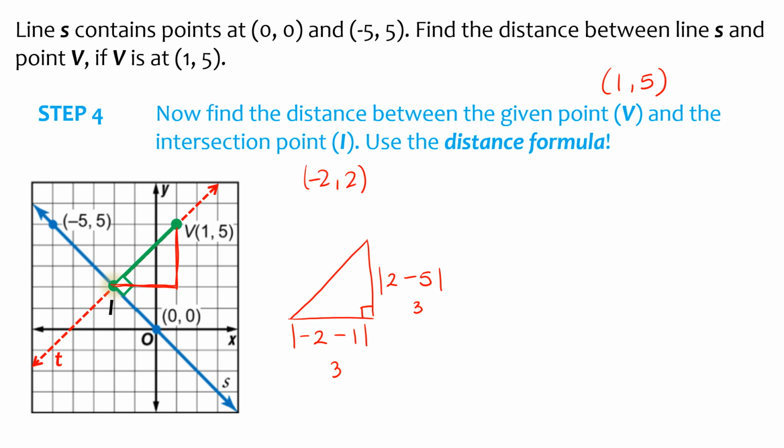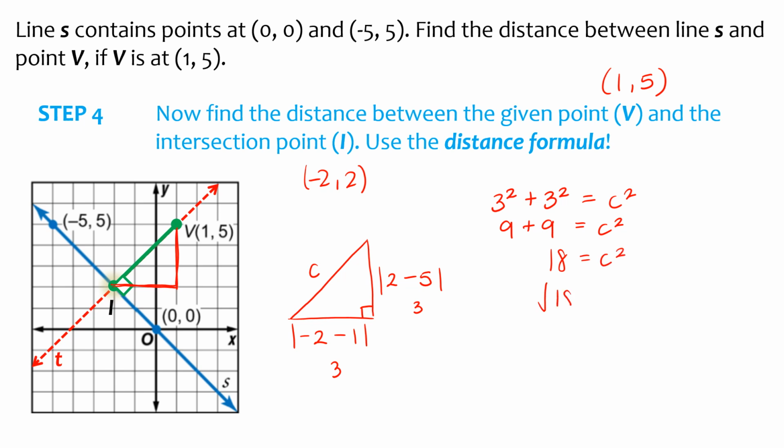So ultimately, we're trying to solve for the distance, which is this diagonal here. So we might set up 3 squared plus 3 squared equals c squared, or x squared, whatever you want to call it, or 9 plus 9, or 18.